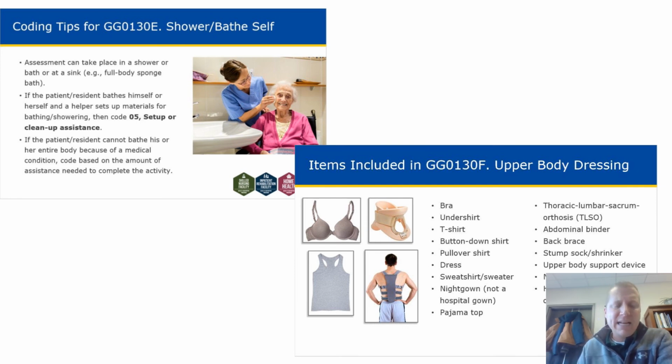So again, it's important to do your activity analysis, come up with the different steps, add those up, assess whether you gave them assistance for those particular areas, and then determine from there how much assistance you gave them.